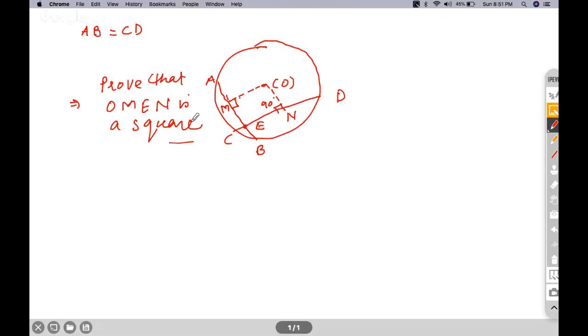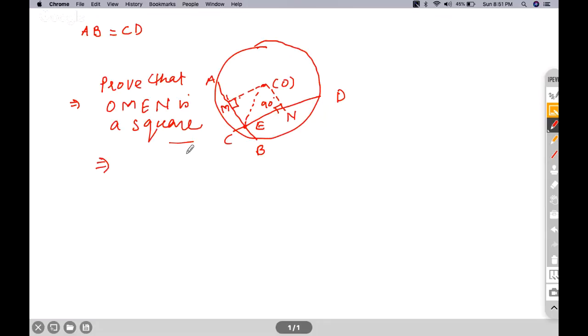Okay, so let me solve it for you guys. One more question, and then I'll wrap up. So this question can be solved like this. Join this OE so that you can form two circles.